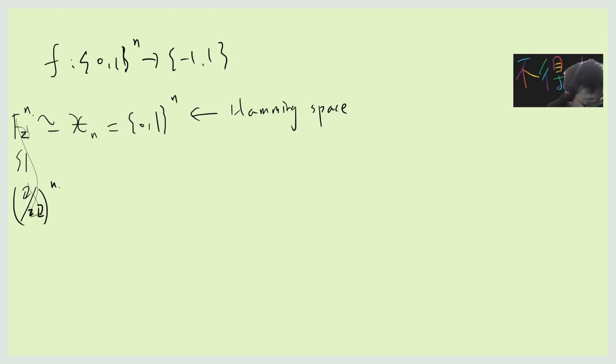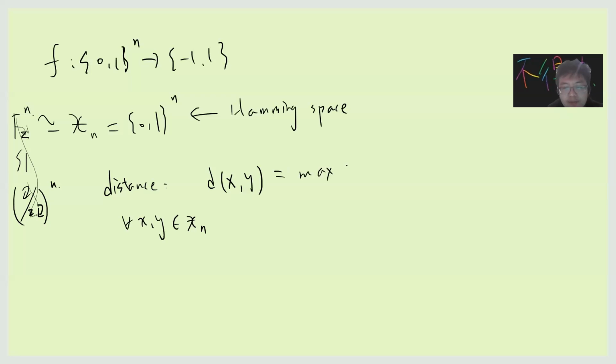The simple reason is that we can define a distance. Let's say d(x,y), for every x, y belonging to this Hamming space, I can count the number of bit differences.